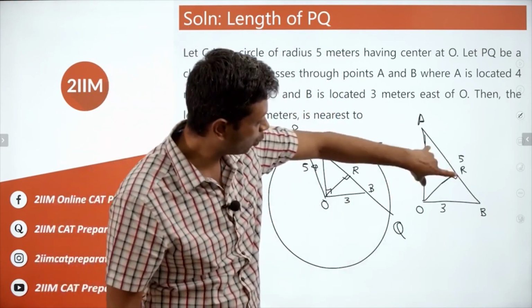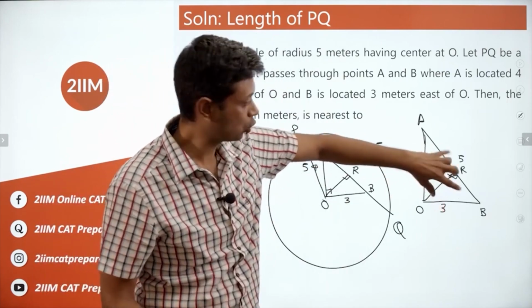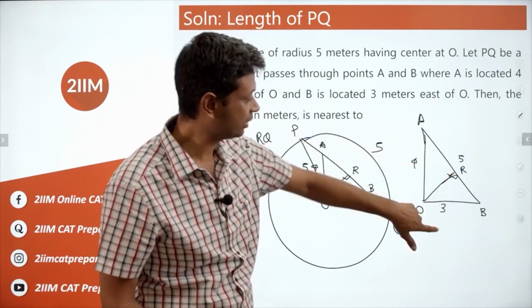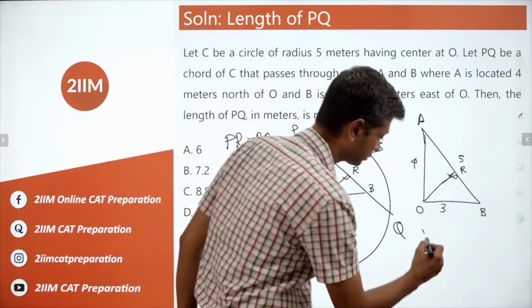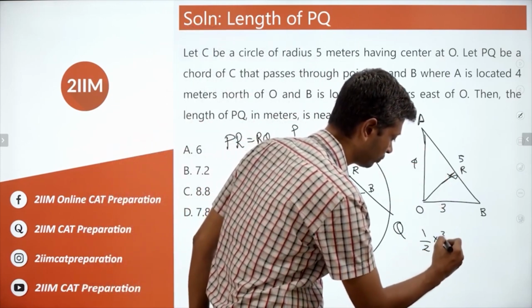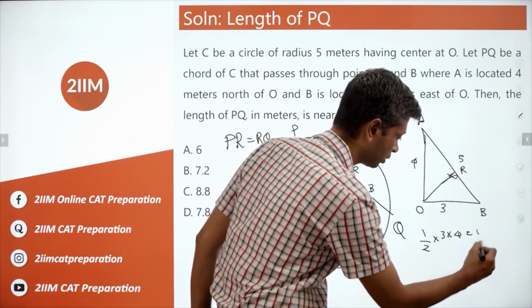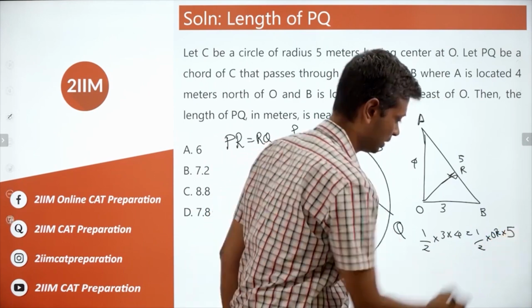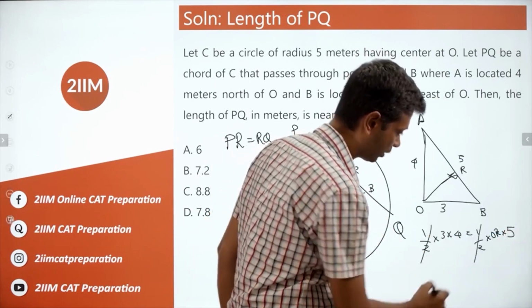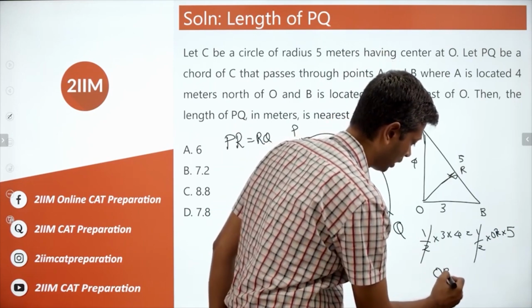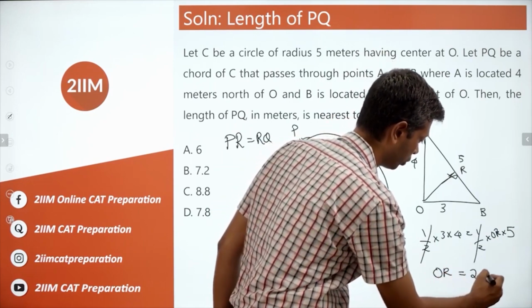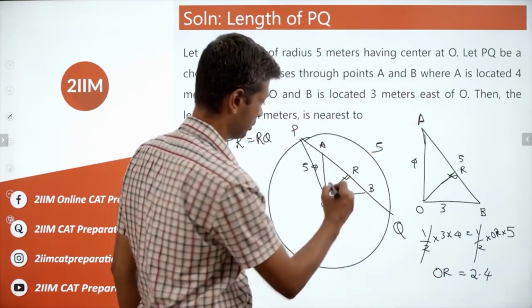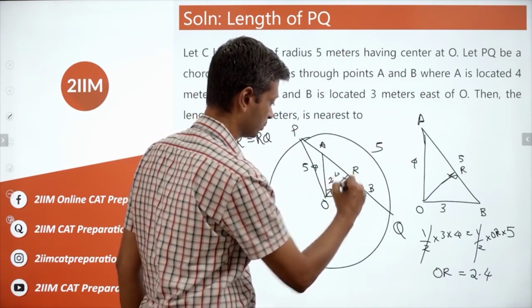OR is the height when the base becomes AB. So OR into 5 is 3 into 4. So half into 3 into 4 is half into OR into 5. The half disappears. OR is 12 by 5 or OR is equal to 2.4. So this measures 2.4. Now what do?